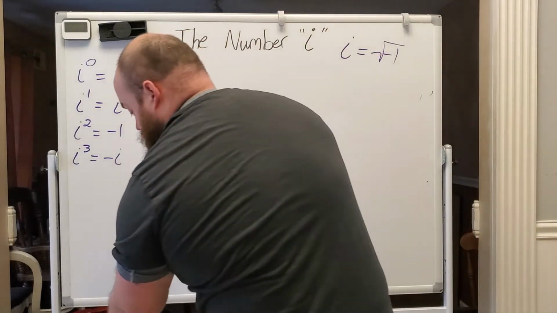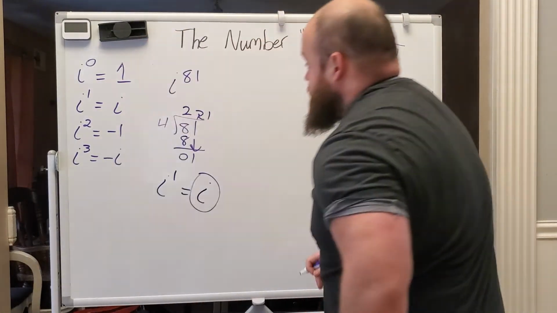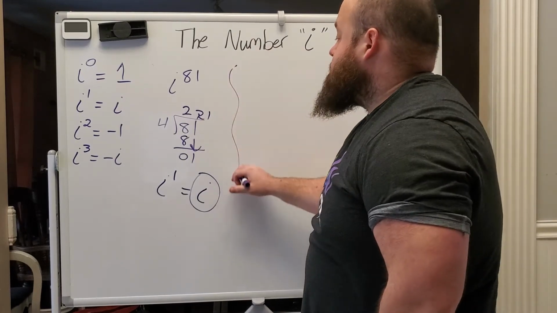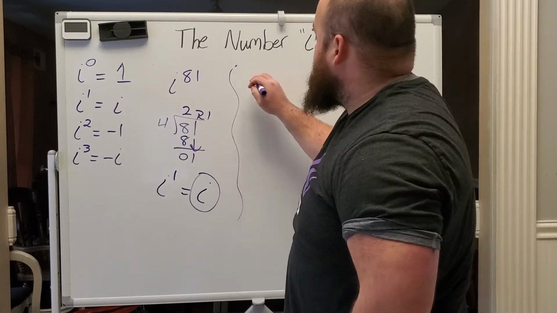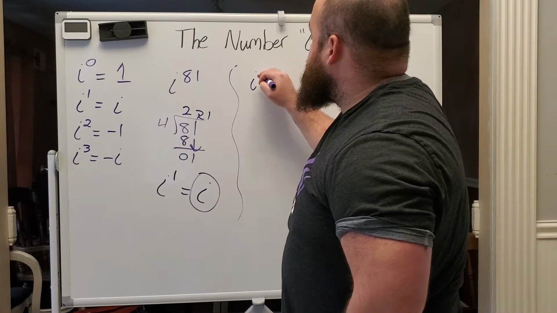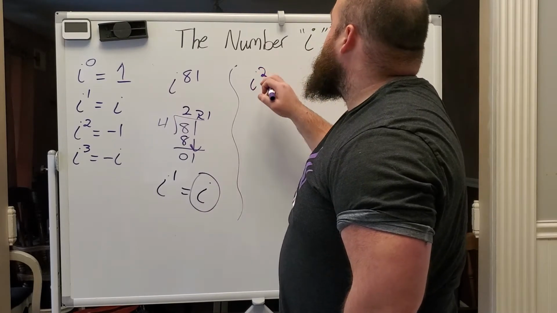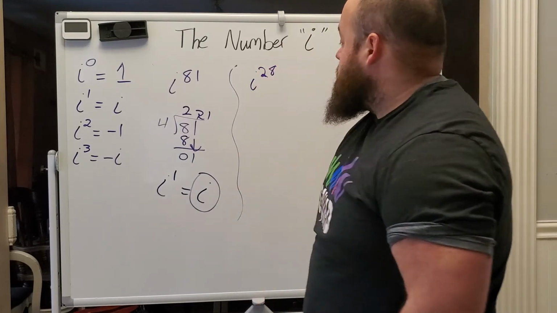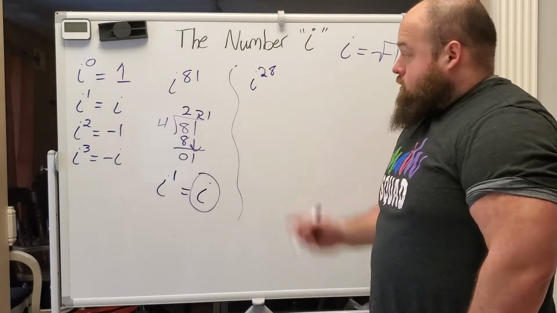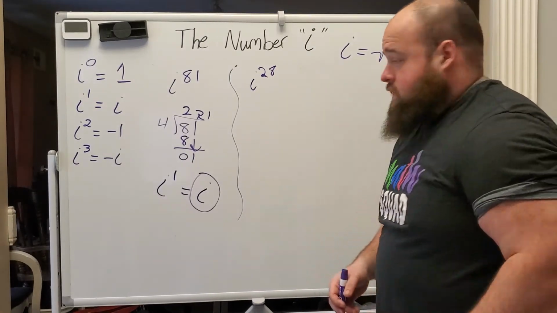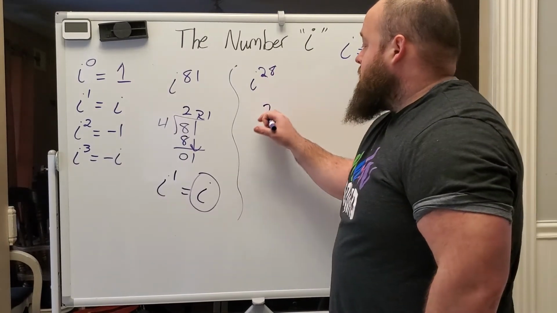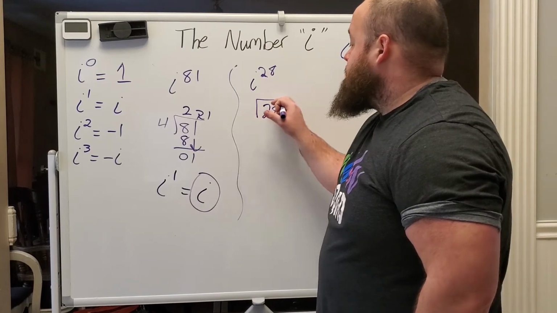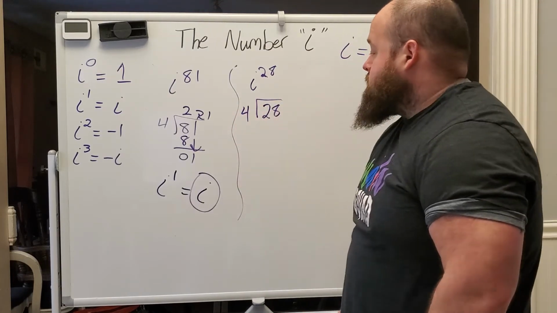All right, let's try another one. Let's say we have i raised to the 28, and we're going to try to evaluate this. The first step, we're going to take that exponent and divide by 4.